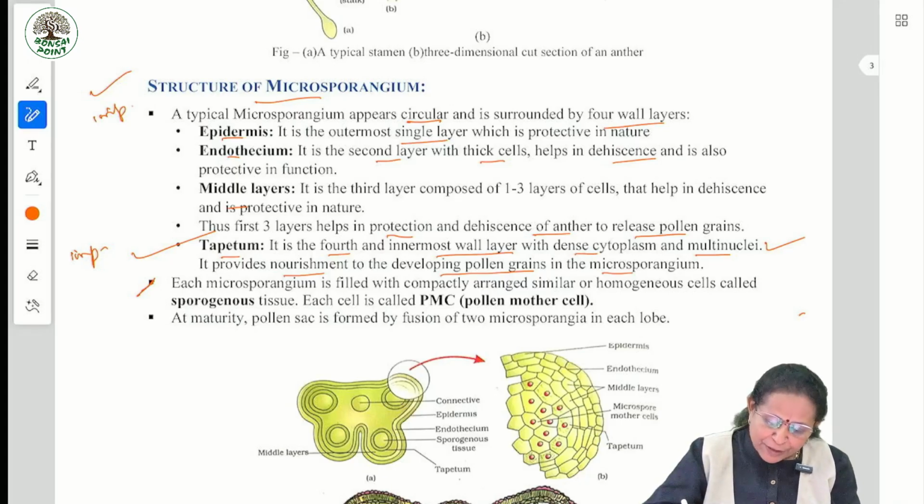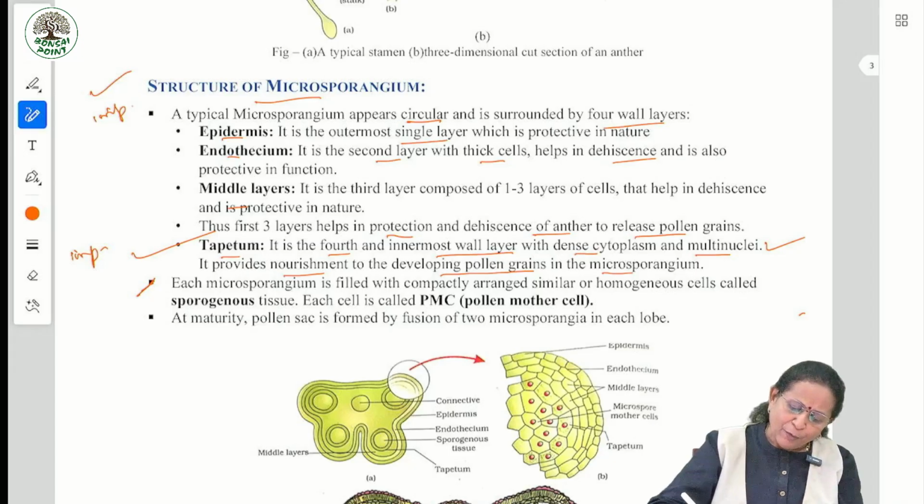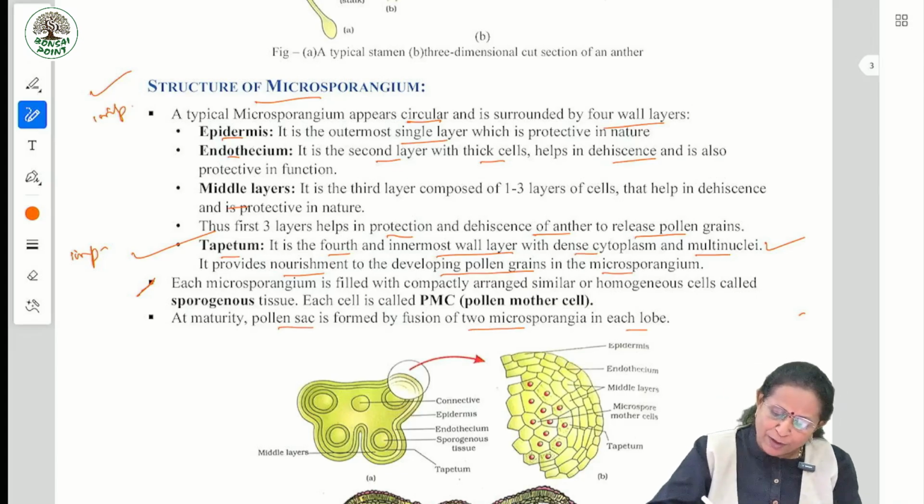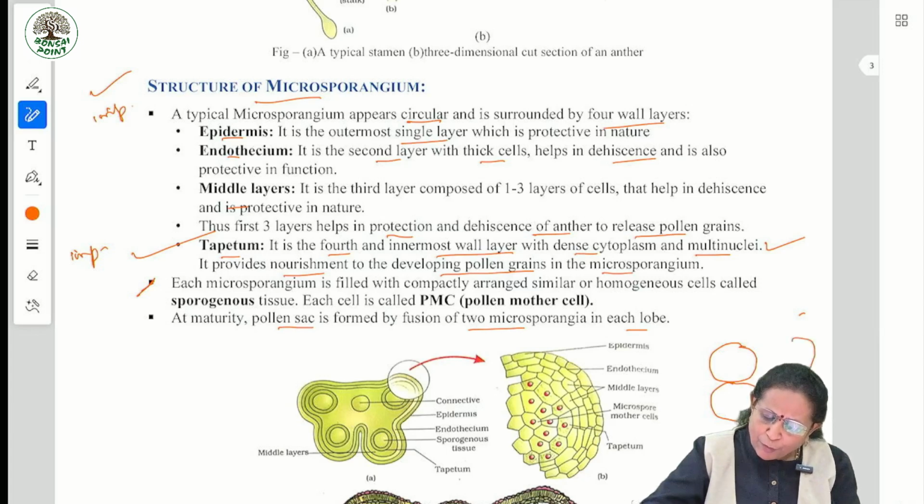At maturity, what happens? A pollen sac is formed by the fusion of 2 microsporangia in each lobe. That means each microsporangium is somewhat circular in shape. They join to form a pollen sac.